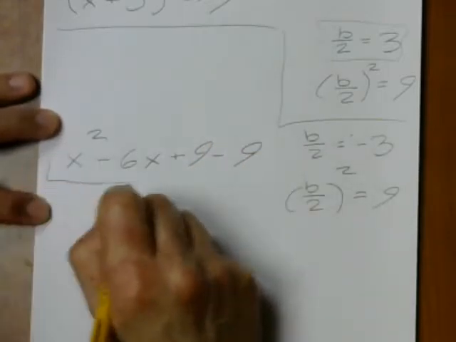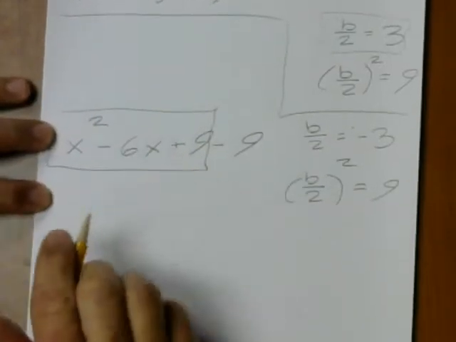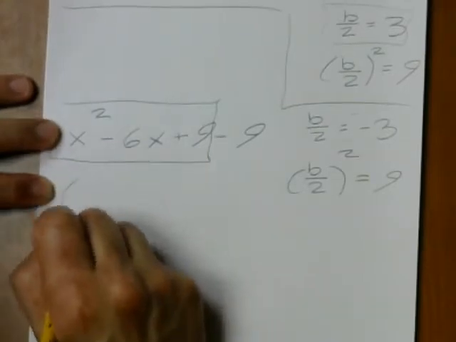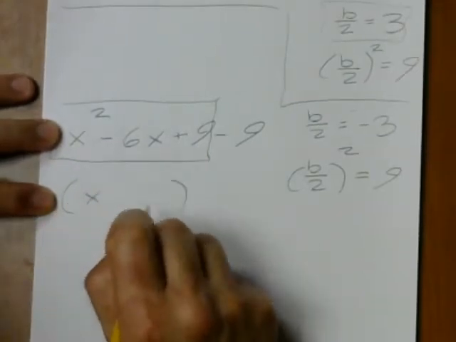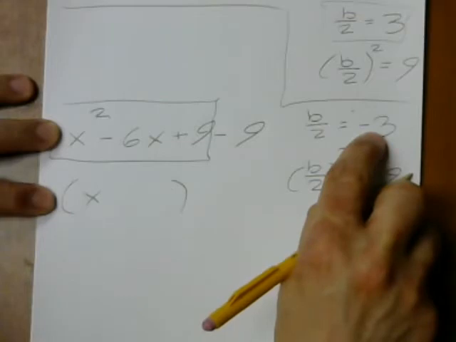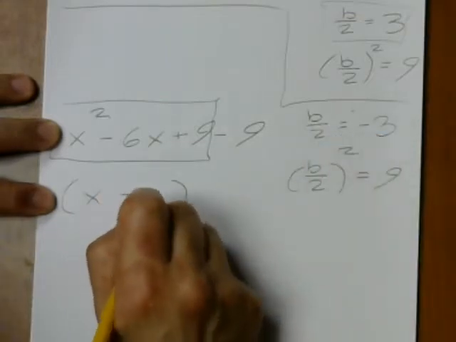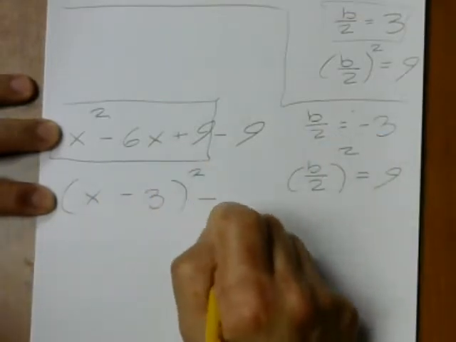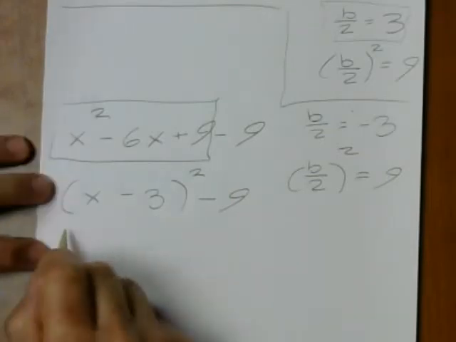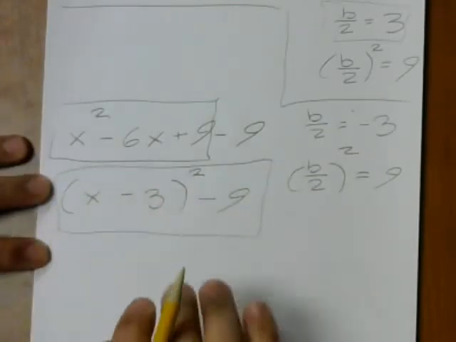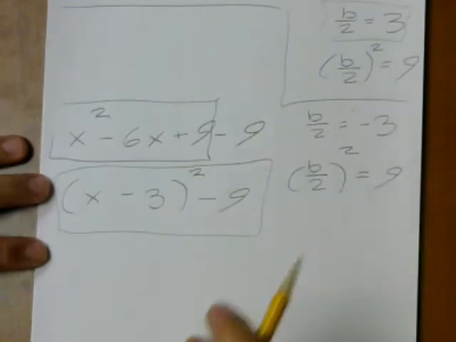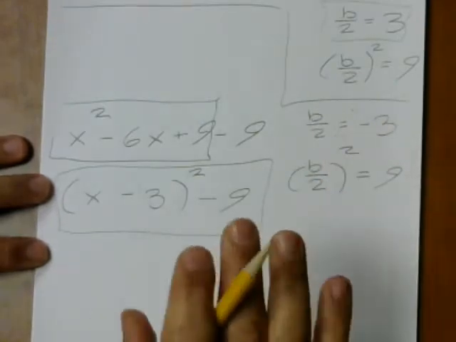I get this. And when I group these three terms together, I get x plus b over 2 squared minus 9. And now this is in a form where I can easily set this to 0 or whatever constant I had to set it to.